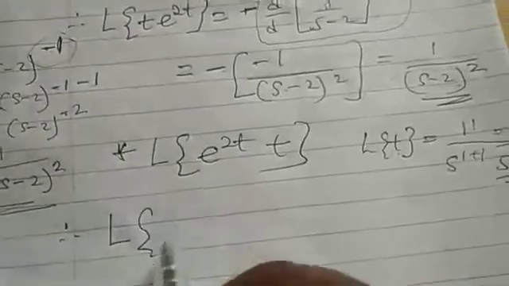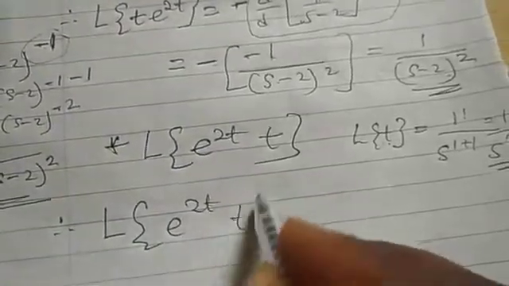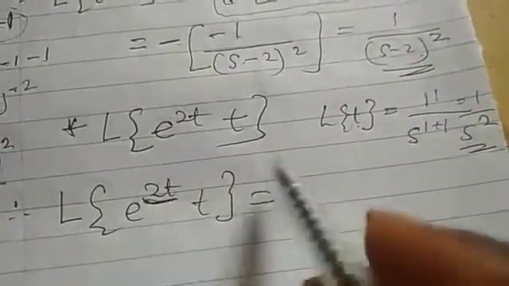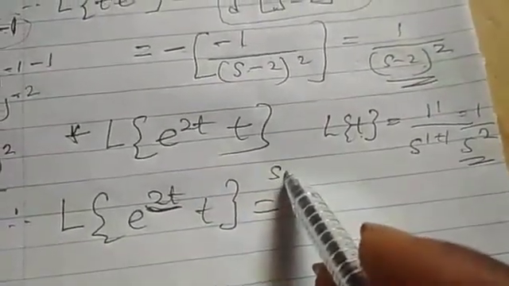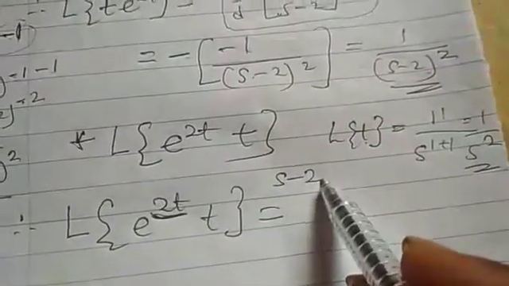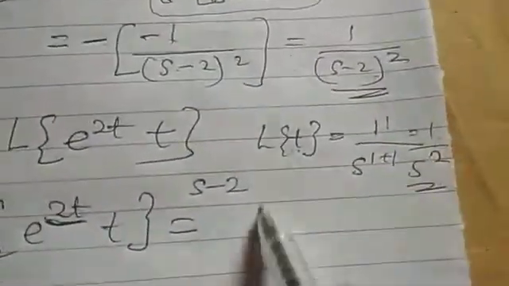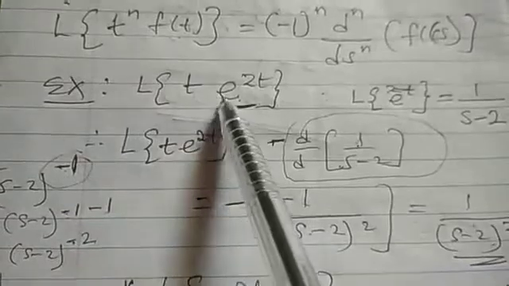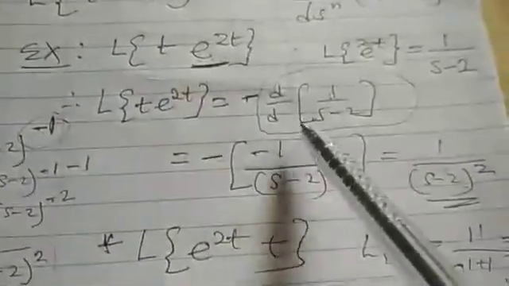If you are now using that first theorem, the Laplace transform of t exponential 2t, anywhere I see s, I'll turn it to s minus 2. So this thing will now become 1 over s minus 2 all squared. You see that they are the same thing. It agrees with this theorem.